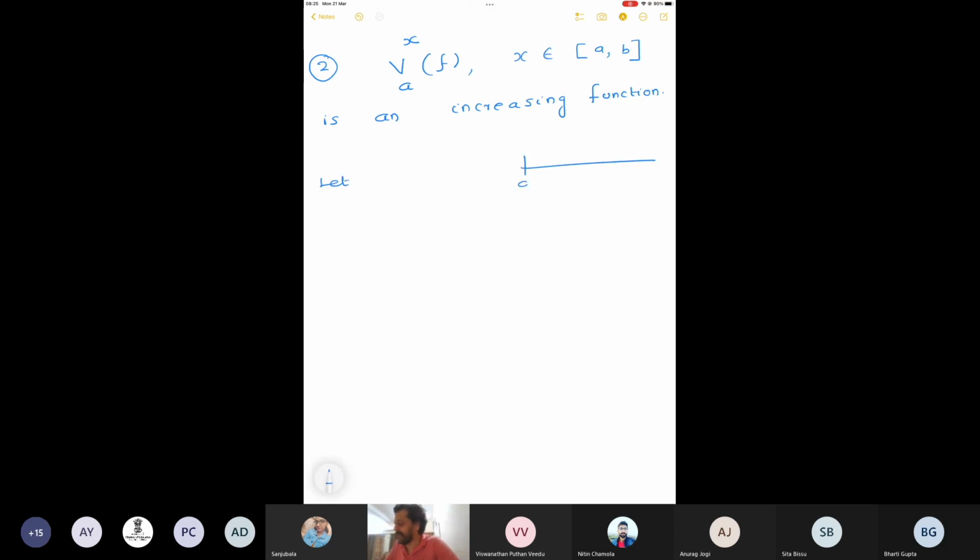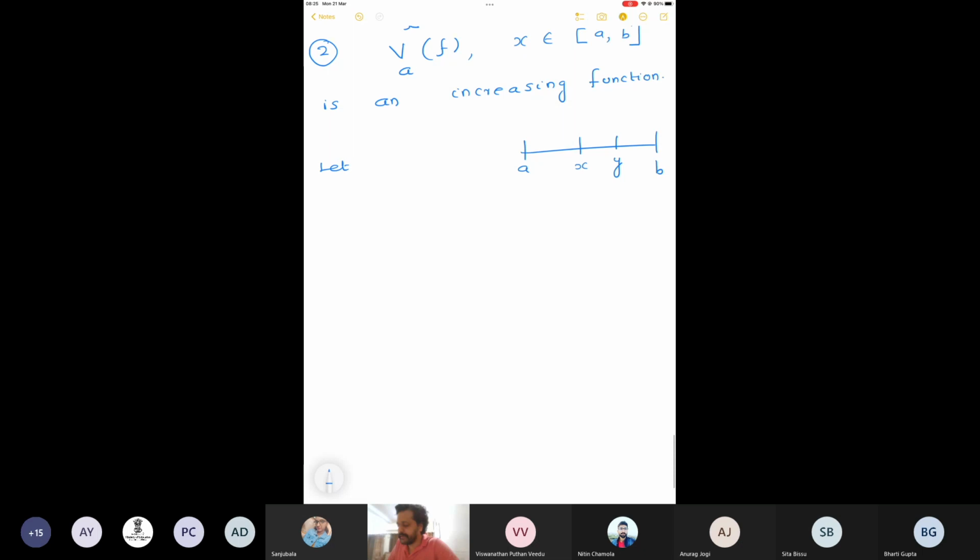So you are given with the master interval AB. I am picking 2 points x and y with x less than y. Okay, that x is less than y. I have to prove that variation over AX is less than or equal to variation over AY. Okay, so first I will take a partition of AX. Consider a partition P of AX.